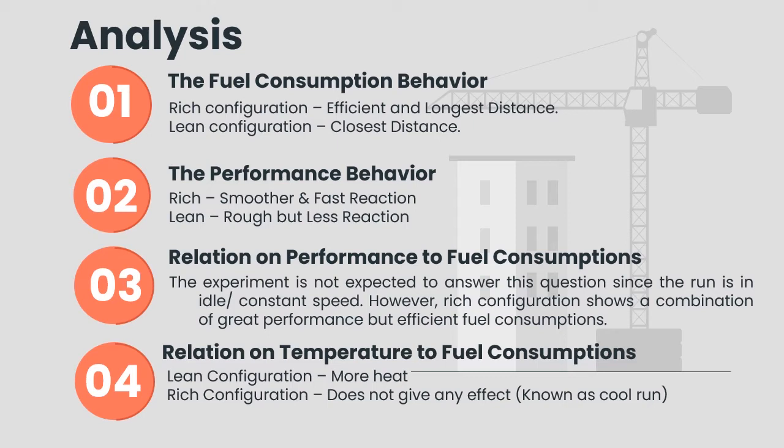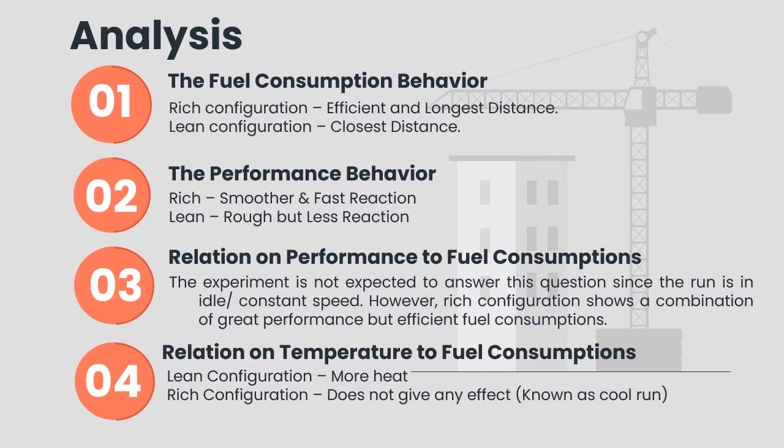And then the third point is about the relation of performance to fuel consumption. The experiment is not expected to answer this kind of question since the runs are at idle or constant speed. However, the rich configuration shows a combination of great performance but efficient fuel consumption.